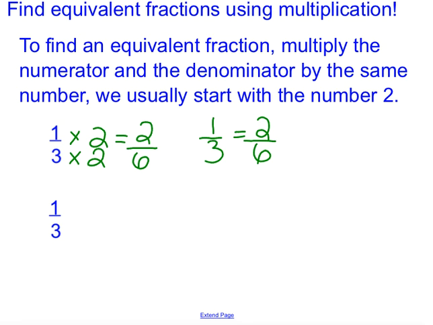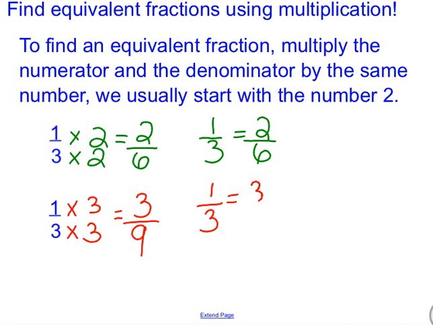To find an equivalent fraction, I can now multiply by 3, and that will give me another equivalent fraction to 1/3. So I will now multiply my numerator and my denominator by 3. And I will get 3/9. So 1/3 is also equal to 3/9.